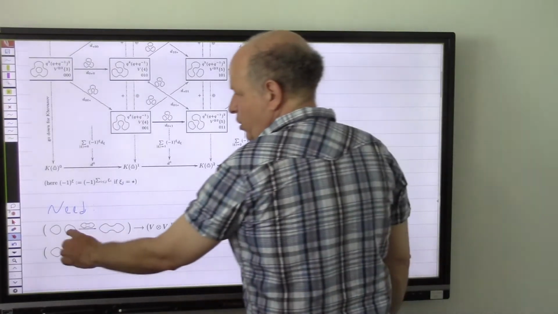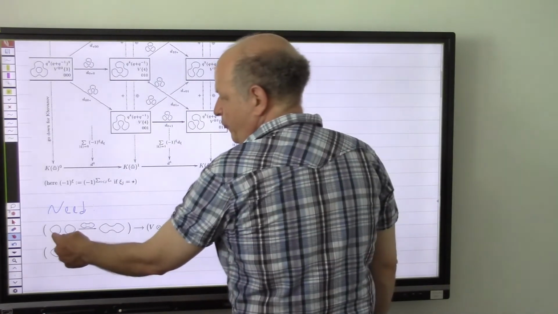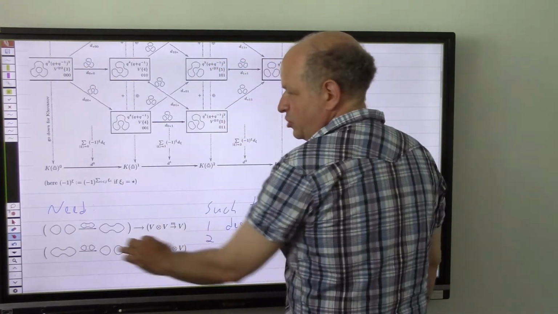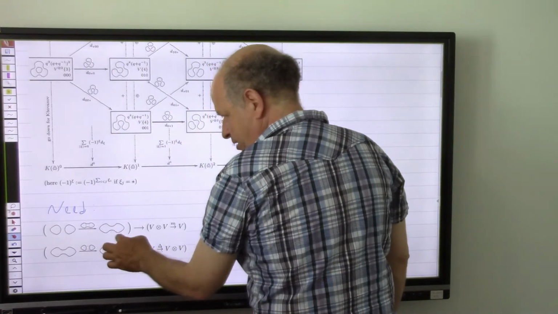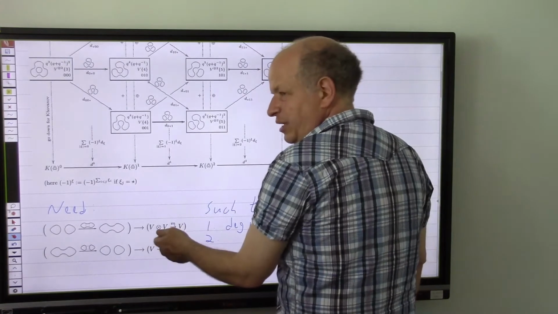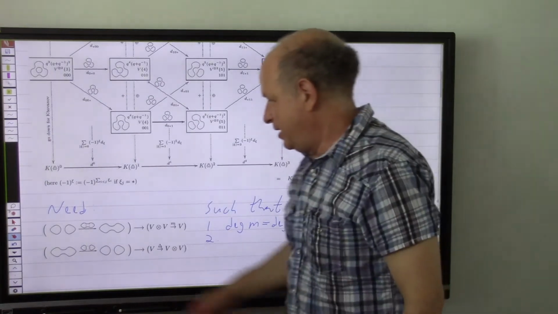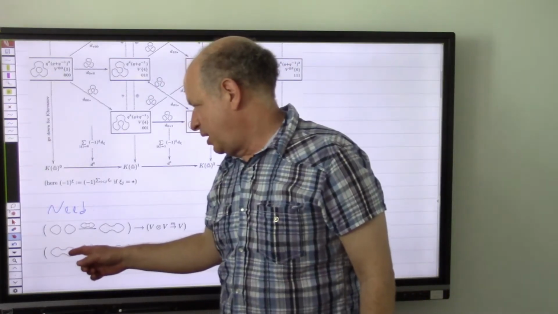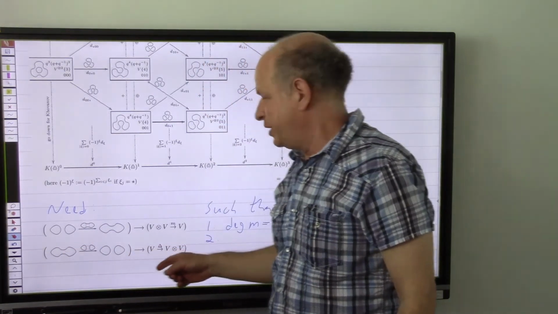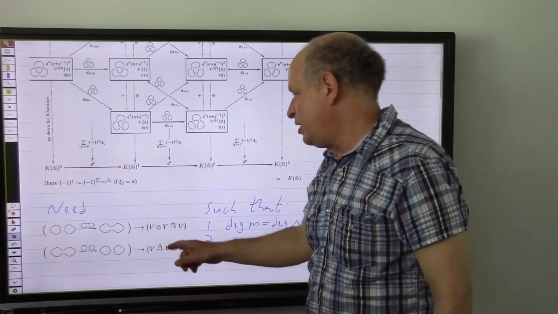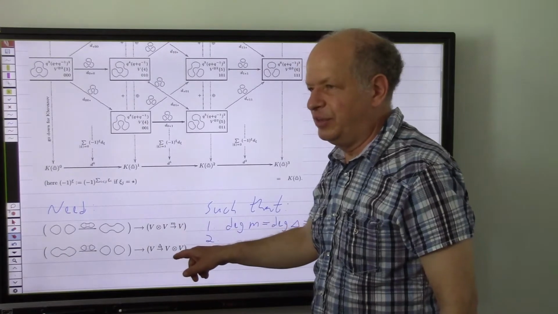Either two cycles join to one, in which case we need a map from V squared into V. So whenever we have a re-smoothing that replaces two cycles by one, we place there the map m, which goes from V tensor V to V. And the other possibility is that the re-smoothing takes a single cycle and breaks it into two, and then we need a map from V into V tensor V. And we call these maps m and delta.